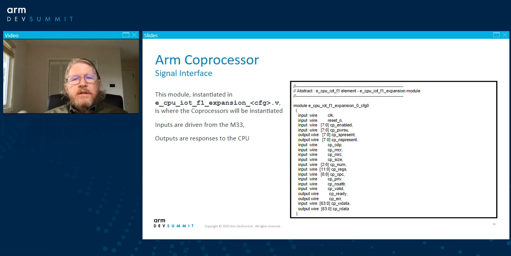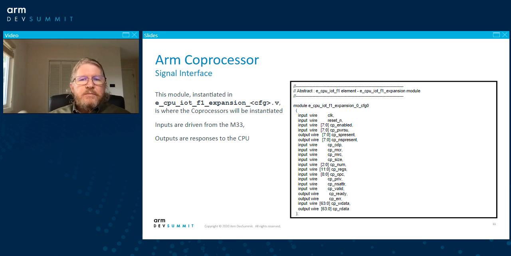This is the set of signals that is exported by the ARM Cortex M33 for the coprocessor. In the IoT platform, it's instantiated in the file named eCPU IoT F1 expansion. And this is where you would instantiate any or all coprocessors that you're going to be implementing.